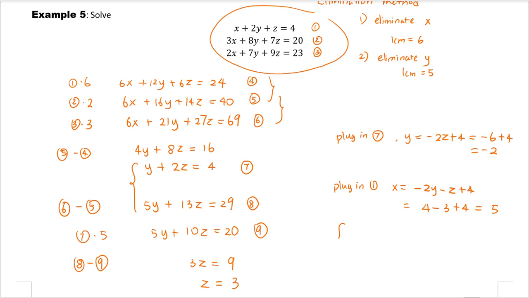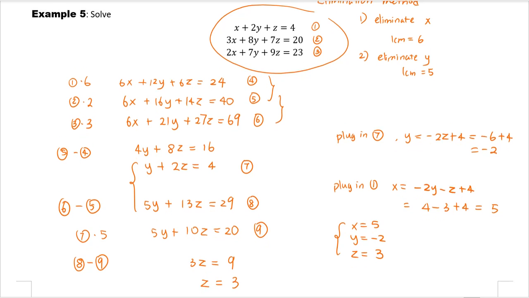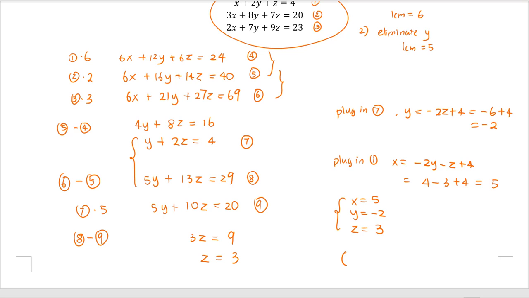So x is 5, y is negative 2, z is 3. We can express our answer in terms of a point: 5, negative 2, and 3. So we get a unique solution. That finishes this problem.